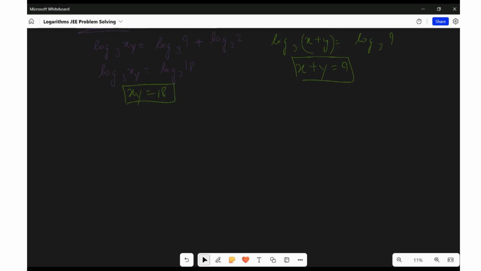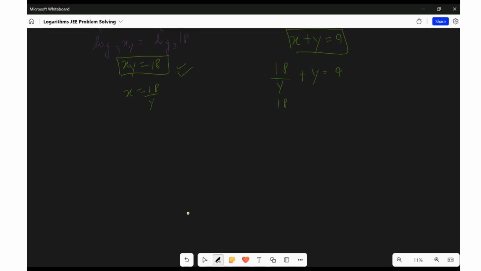Now we take one of the values, suppose x or y, whatever you want. I'm taking x as 18 by y. Now I'll put 18 by y here. 18 by y plus y is 9. Now this became a quadratic equation. Now we can simply solve it and we get our answer.